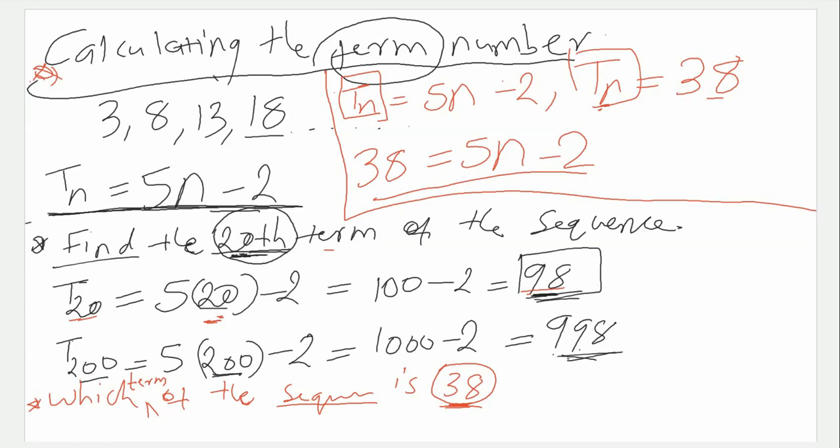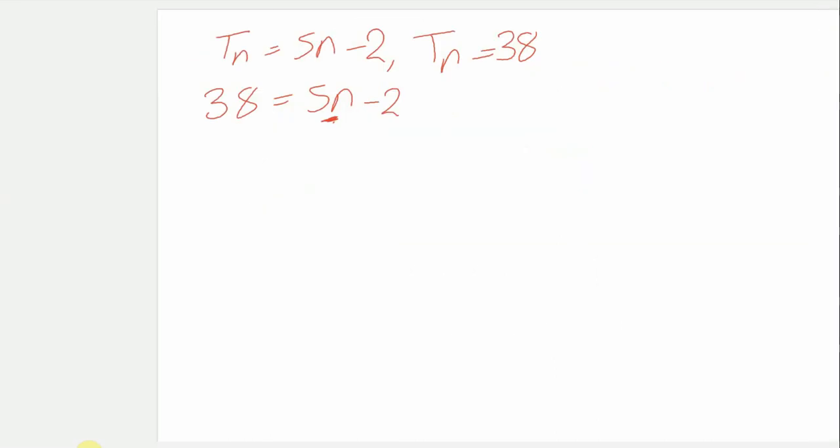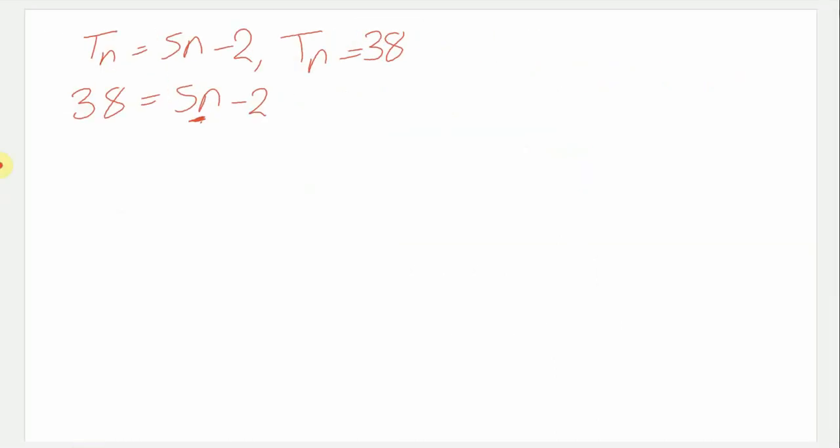From here, to find the value, it's up to you knowing how to solve for a variable, like solve for x. In this case we don't have x, but we have n, which is the same thing, a variable.